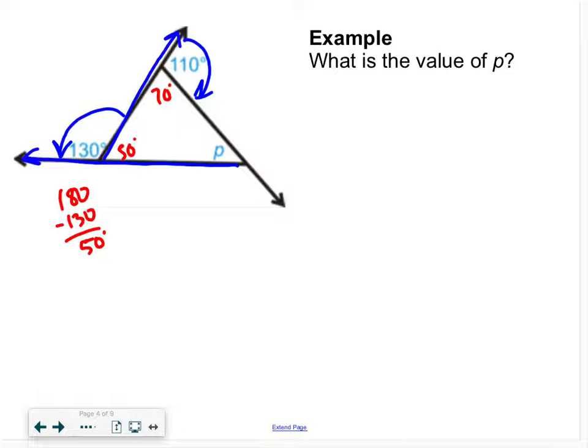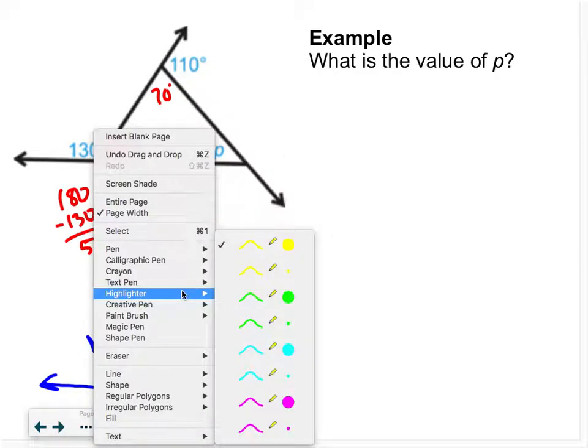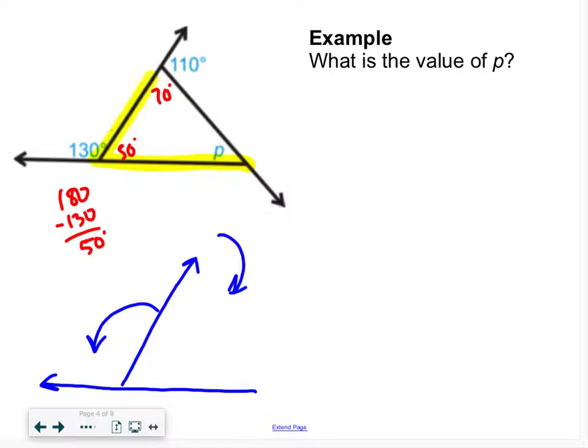So now when I approach this problem, I can say, okay, what's the value of P? I can focus in on the interior angles of the triangle. So I can take away these pieces and just focus on the actual inside of the triangle. I can see that it's going to be 70 plus 50 plus whatever P is will be 180.